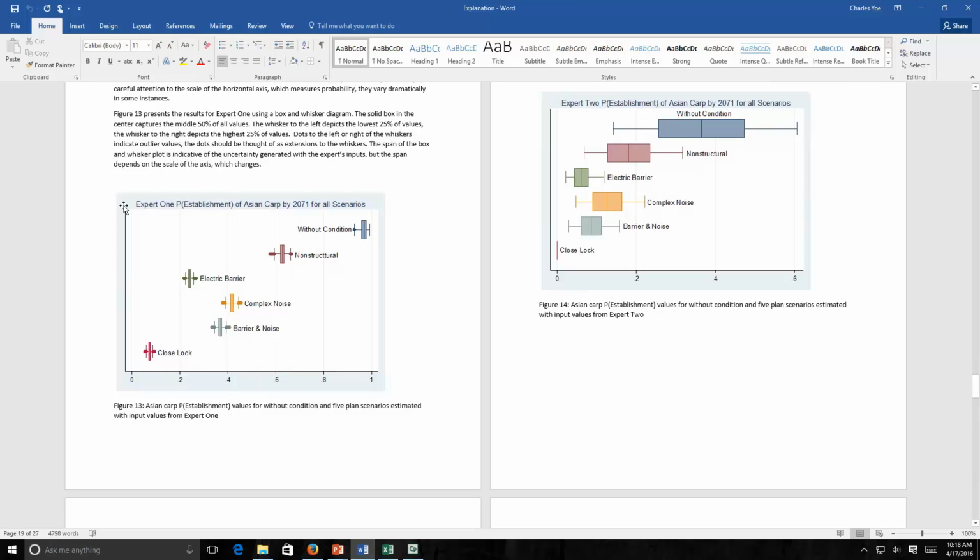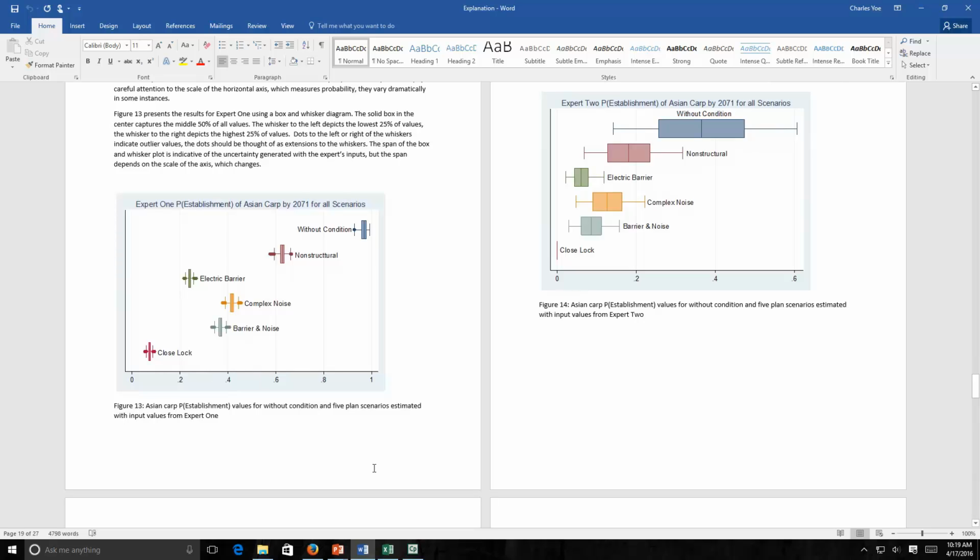So here we have a summary that shows all the values for a given expert. So this is expert 1 who felt that the probability of establishment was virtually certain. The without condition way up here near 1. The electric barrier dropped that down from about the high 90s to the 20s. Closing the lock would look like it would be a relatively effective measure.